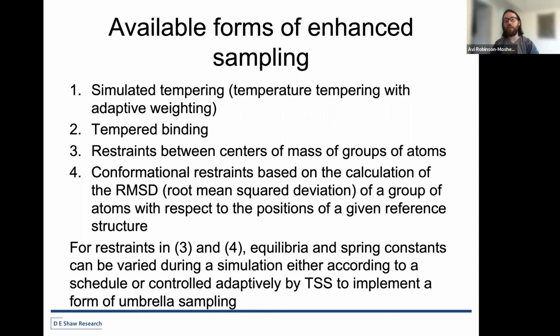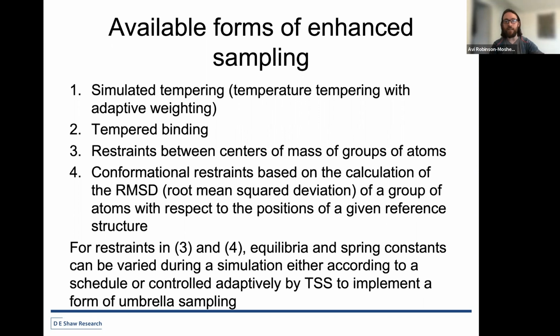And you can also set up conformational restraints based on the RMSD between an atom selection and a target structure. You could use this, for instance, if you wanted to have some match a protein loop conformation, or temper things in and out of a given conformation of a protein loop.